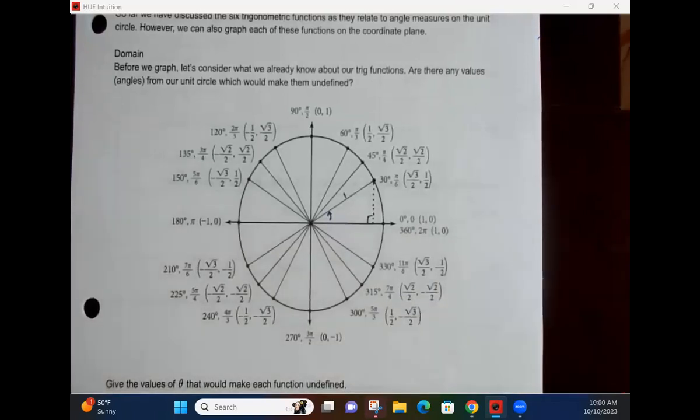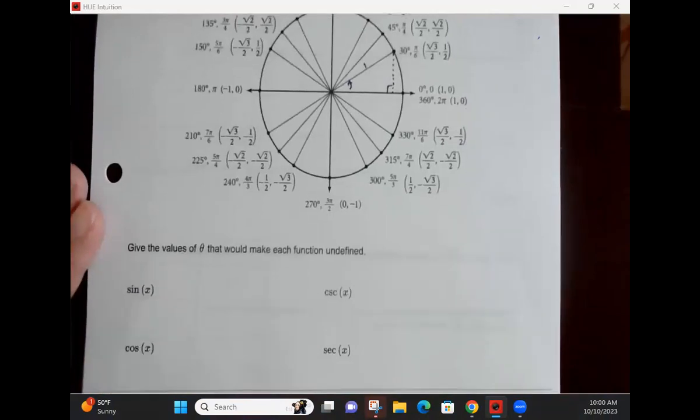So what we want to start with when we talk about domain is, for sine, cosine, tangent, secant, cosecant, cotangent, are there any places where we're going to have problems? So let's start with sine.